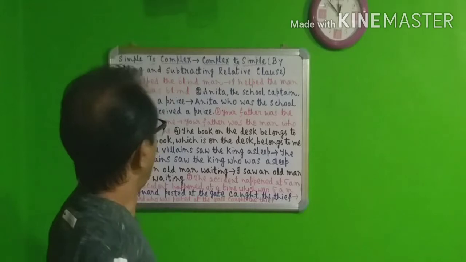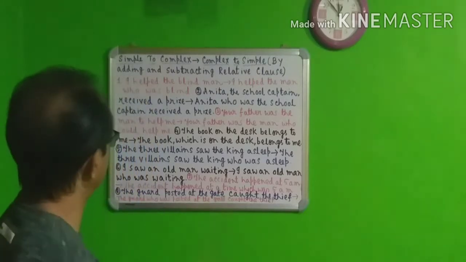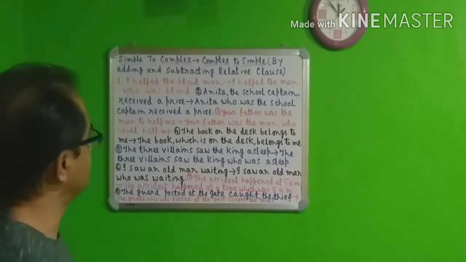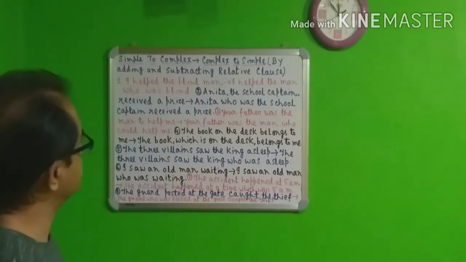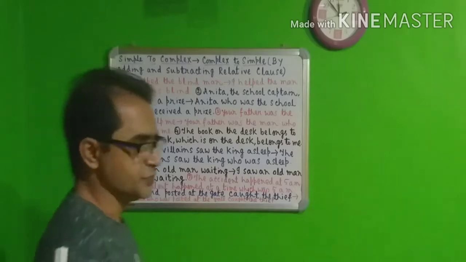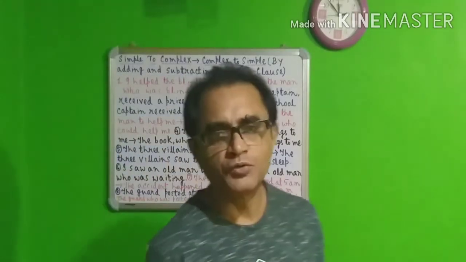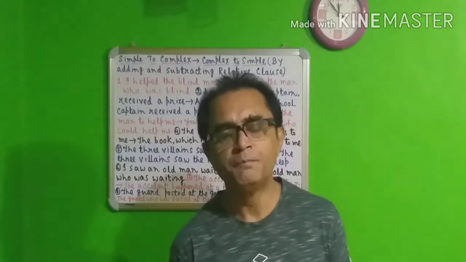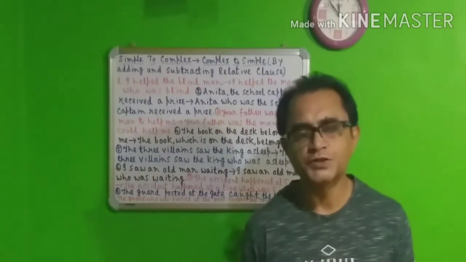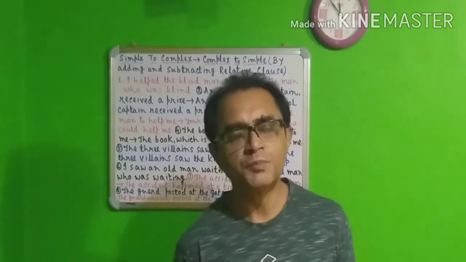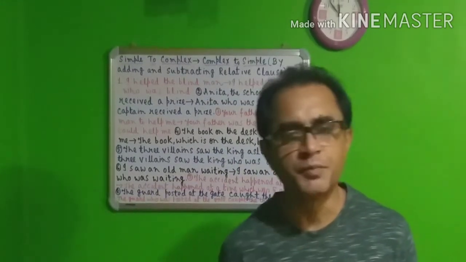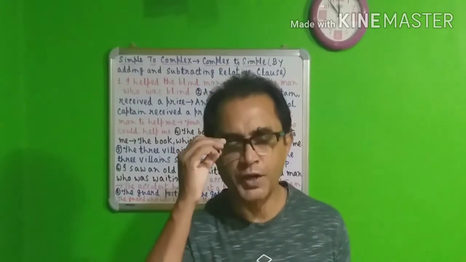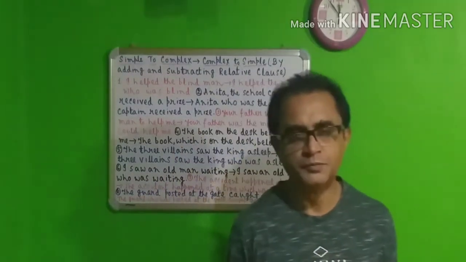Today our point of discussion is simple sentence to complex sentence and complex sentence to simple sentence by adding and subtracting relative clause. I would like to give you a short idea about simple sentence and complex sentence. What is a simple sentence? A simple sentence means a sentence which contains only one finite verb or main verb.